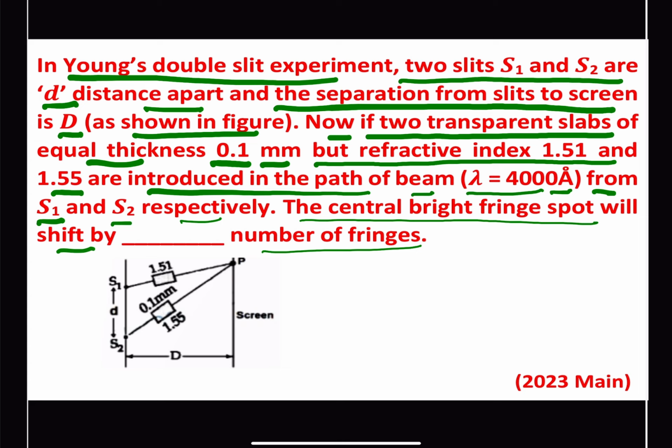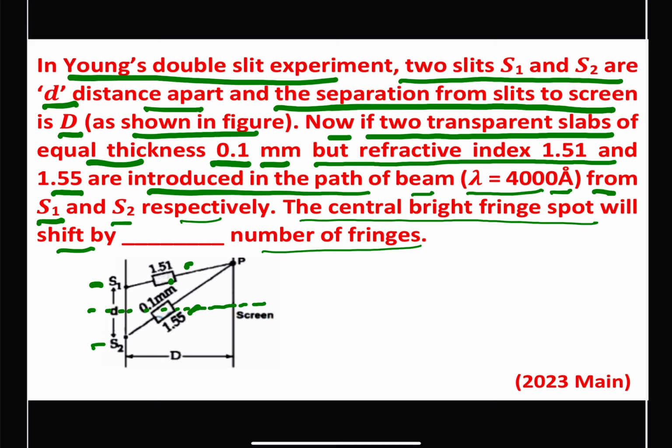So we are given the figure. We have two slits S1 and S2, and point P, which is our central maxima, and we have two slabs, thickness is the same but the refractive indexes are different. From the figure we can draw an approximation that this is the center.